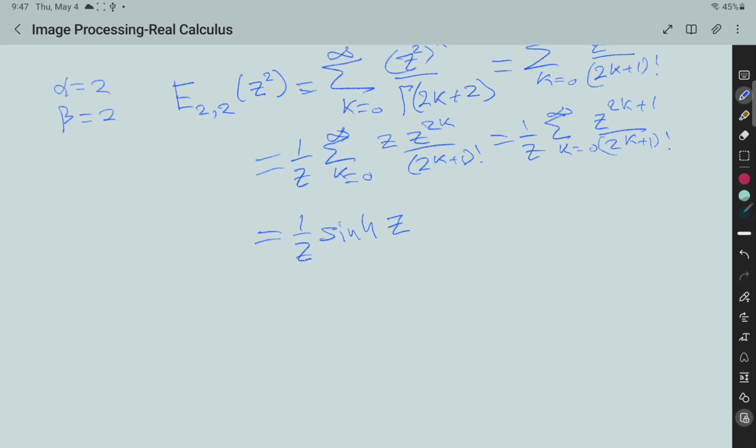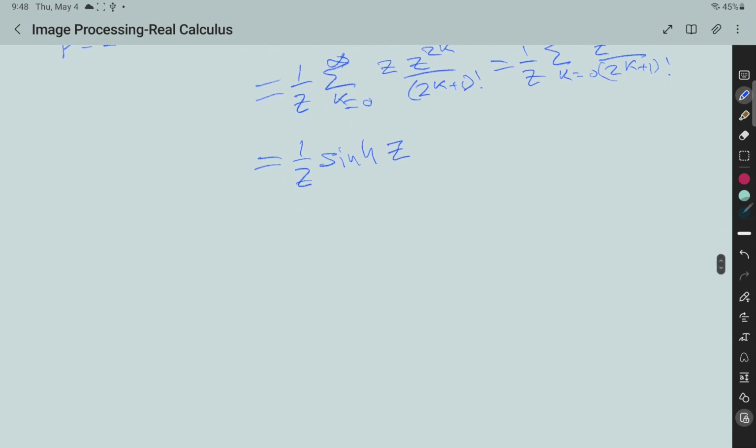Also remember, sinh z has the power series k equal to 0 to infinity of z to the 2k plus 1 divided by 2k plus 1 factorial.